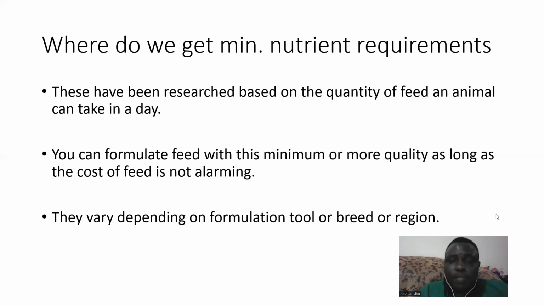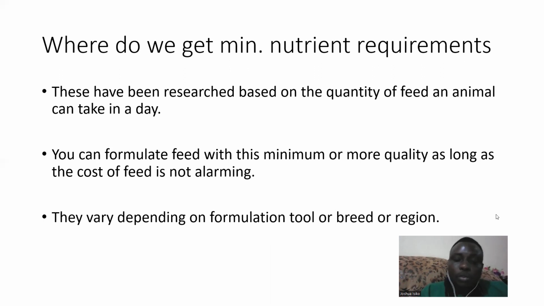You can formulate feed with this minimum or more quality as long as the cost of feed is not alarming. If you want to waste nutrients and feed much higher, it is fine. You can go on and do that. And these nutrient requirements vary based on the breed, based on the region, based on the ingredients.